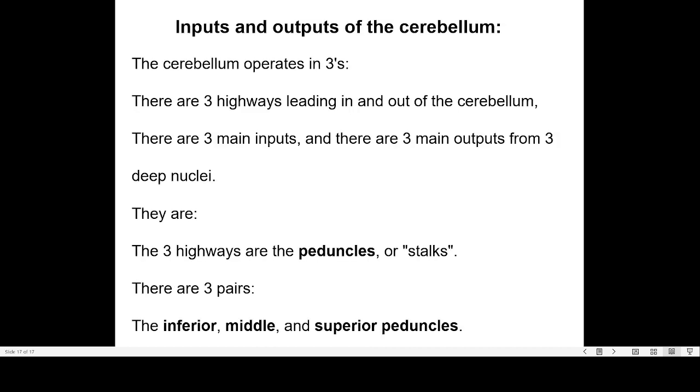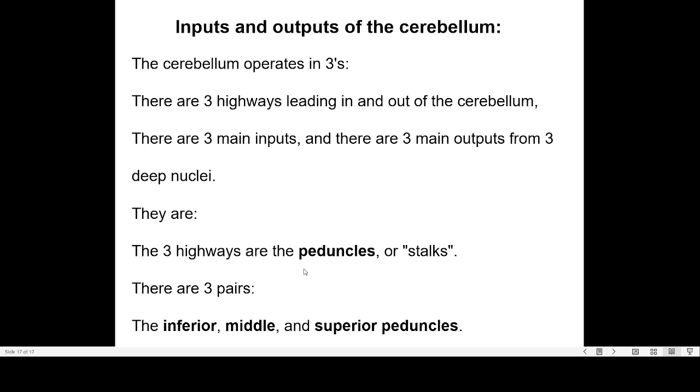So just remember the input and output. Input and output mean the fibers are connected from the different parts of the brain to the cerebellum, and from the cerebellum to the different parts of the brain, in the form of peduncles. You may call them three highways.